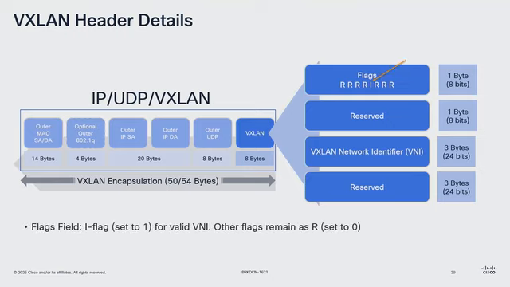The I flag, this is in the RFC, is in the VXLAN header to let the incoming VTEPs know that there's a VNI present. So make sure you honor that VNI and you map it to your VLAN. All the R's are reserved bits, the don't care bits, all zeros. And the I is the single bit that you're looking at, the information flag.